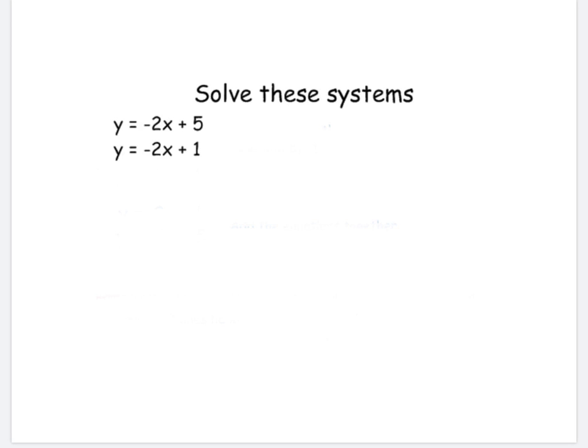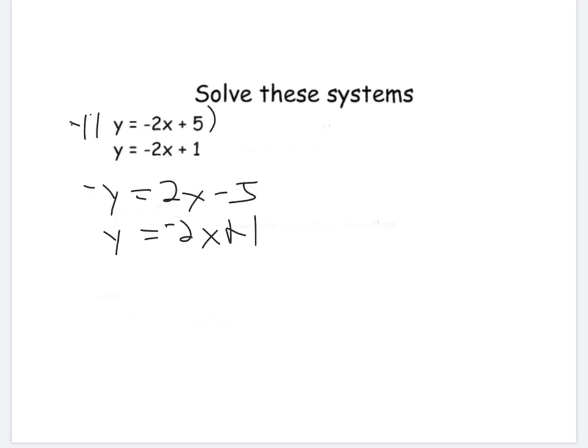So I'm going to multiply the top equation by -1. So that means -1 times y is -y equals -1 times -2x is 2x, and then -1 times 5 is -5. And then I'm leaving the bottom equation exactly the way it is.